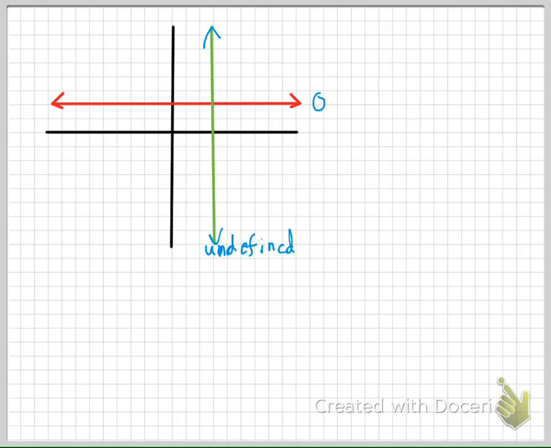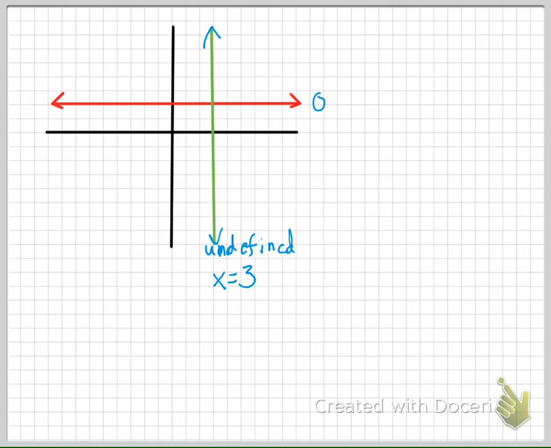You also need to be able to pick it out from an equation. An undefined slope, this is x equals 3. If I have x equals something, it's going to be an undefined slope because that means the x value is the same throughout. And if the x value is the same, I'm always 3 units right, then that's going to give me a vertical line that gives me an undefined slope.